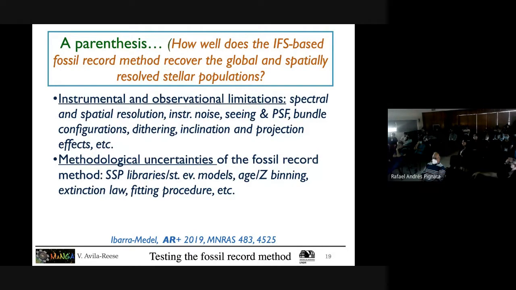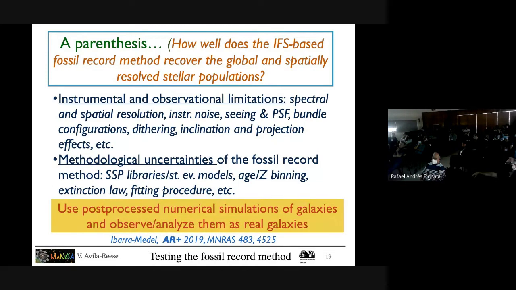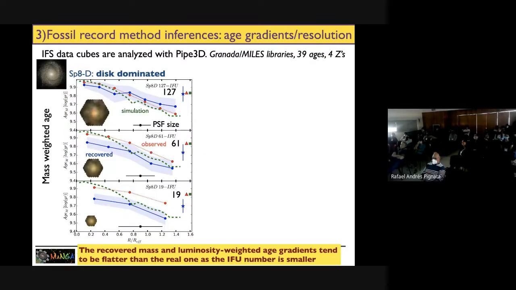Also, there are methodological uncertainties in the fossil record, for example, which stellar libraries we use, which stellar evolution models, the binning in age or in metallicity that we are using, extinction, and several things. So in order to explore what are the most relevant problems, we used post-processed numerical simulations of galaxies and observed them as real galaxies, with all the procedures that we use observing the MaNGA galaxies.